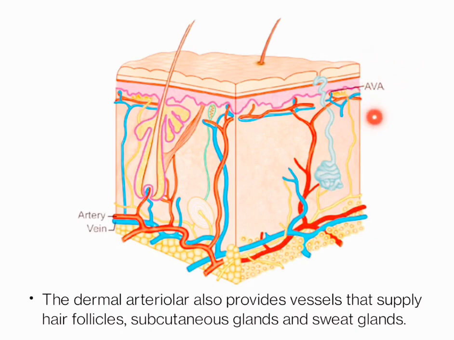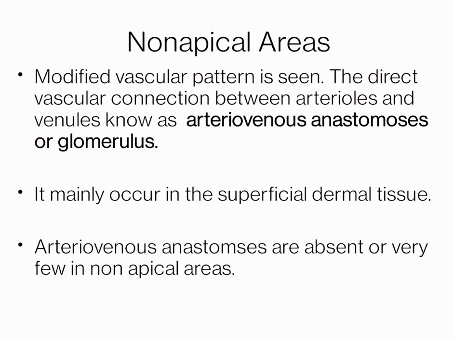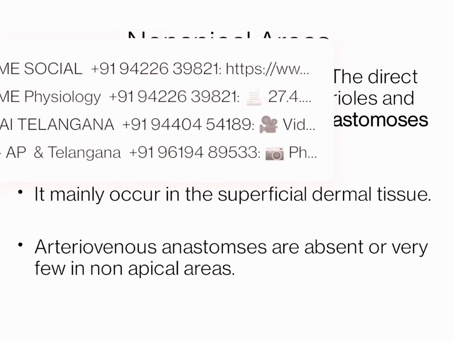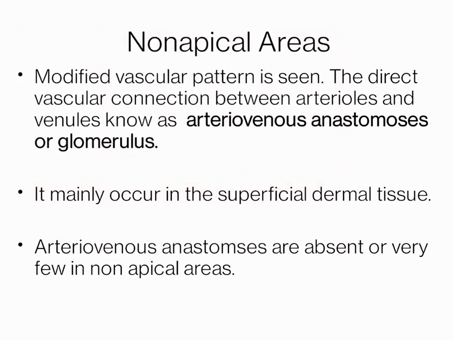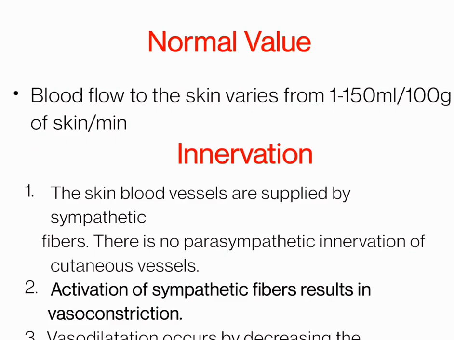They occur mainly in the superficial dermal tissue of the skin. And these anastomoses are absent, or they are very scanty or few in number in the non-apical regions. They are more in the apical regions.